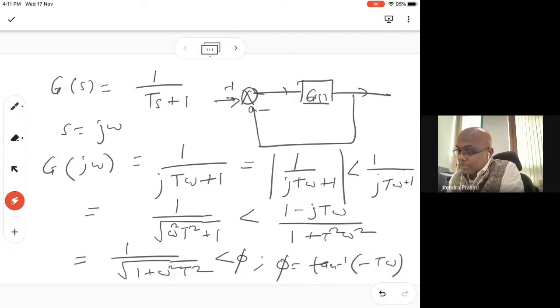This is the imaginary part divided by the real part, which is 1. So phi is equal to this.